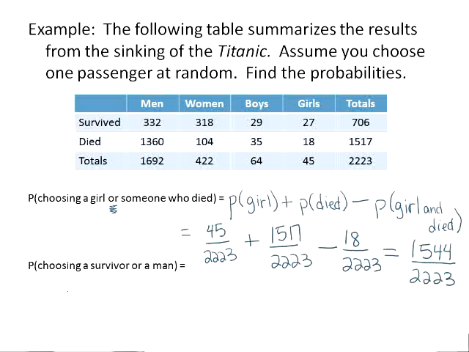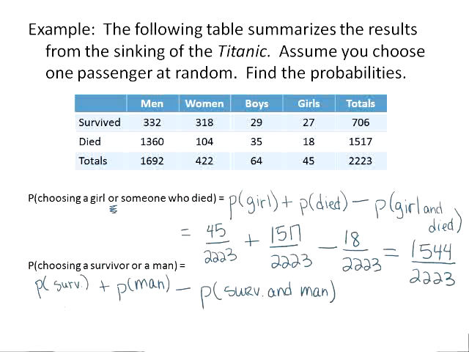Now for the probability of choosing a survivor or a man. So we're going to look at the probability of a survivor plus the probability of choosing a man, and then subtract the probability that the passenger survived and was a man.